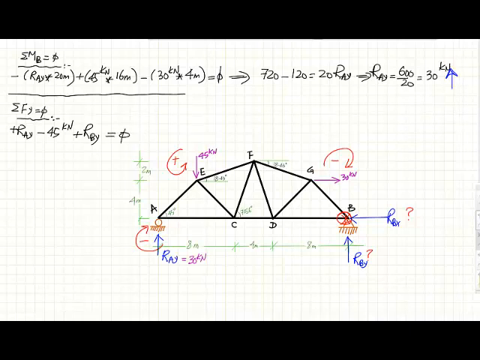So now we substitute the values. This is plus 30 minus 45 plus RBY is equal to 0. If you isolate RBY, it is equal to 15 kilonewton, and again because the sign is positive, it means the suggested direction for this force is correct, and that is like so.